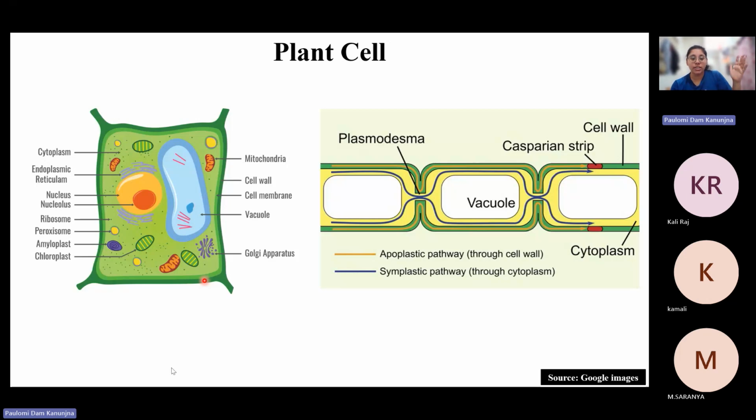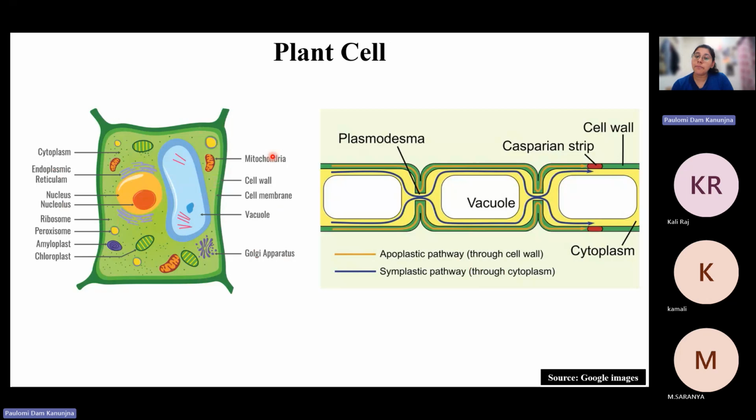Now we come to plant cell walls, because as we move into cell division, let's connect the dots and go to cells. First of all, the anatomy of the cell. You can see here that plant cells have a cell wall, then a cell membrane, and then the cytoplasm, which has the same organelles that we have read about previously, for example, endoplasmic reticulum, nucleus, nucleolus, ribosome, peroxisome, Golgi apparatus, and mitochondria.